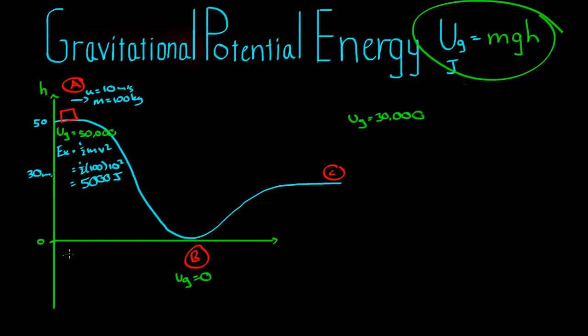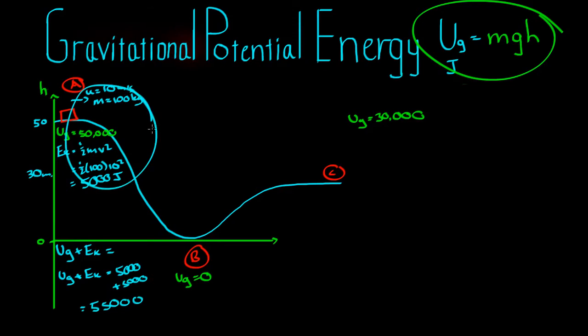So, we said before, gravitational potential plus kinetic energy must be a constant. In this case here, kinetic is 5,000, gravitational is 50,000, so UG plus EK is equal to 5,000 plus 50,000, it equals 55,000 in this case here.